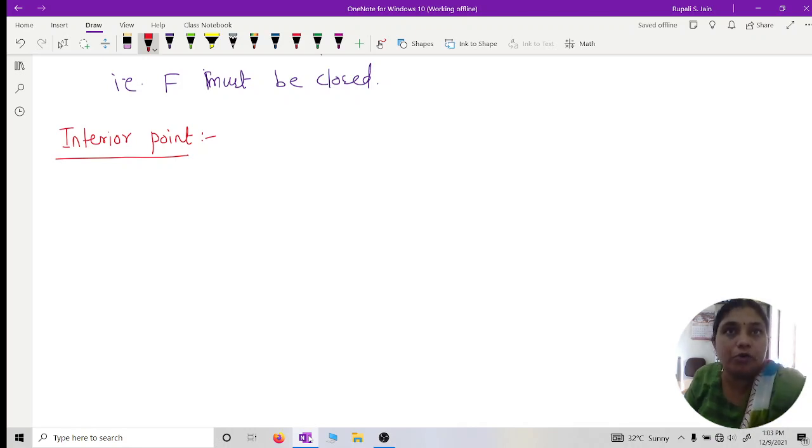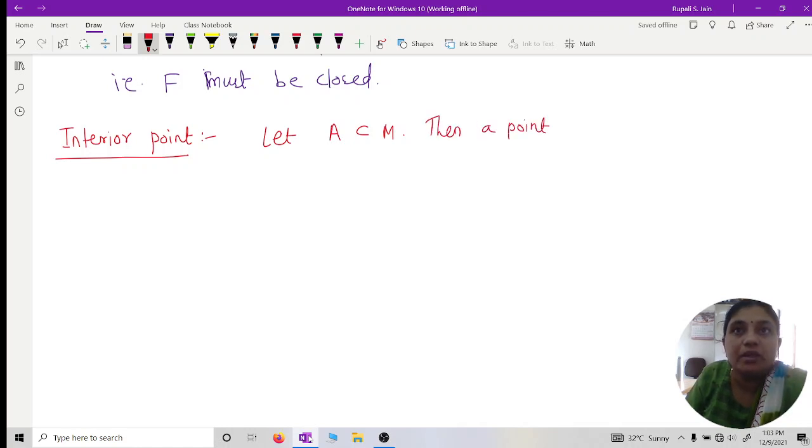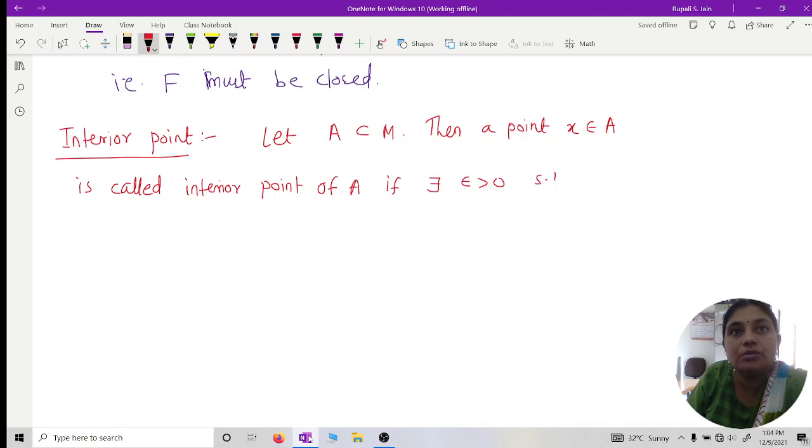Let A be a subset of M. Then a point x belonging to A is called an interior point of A if there exists epsilon greater than 0 such that B epsilon of x is contained in A.